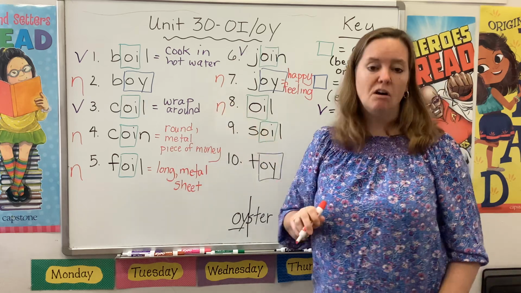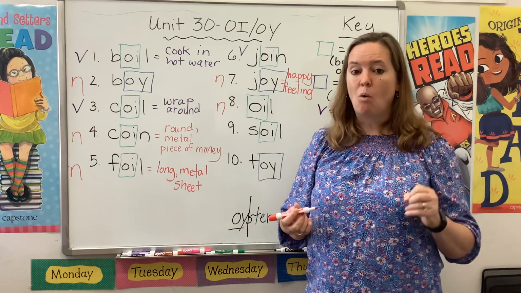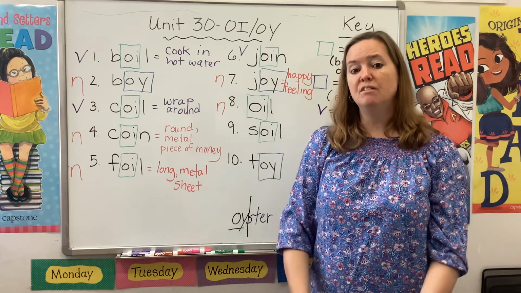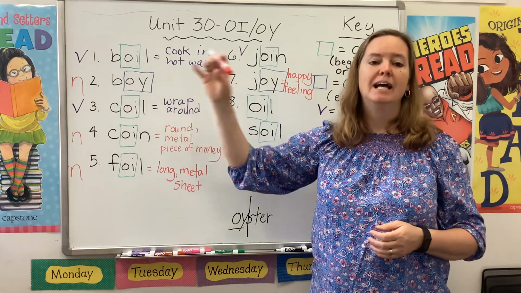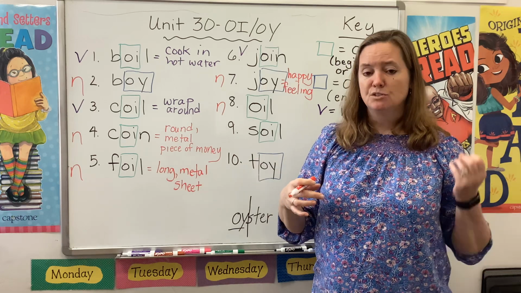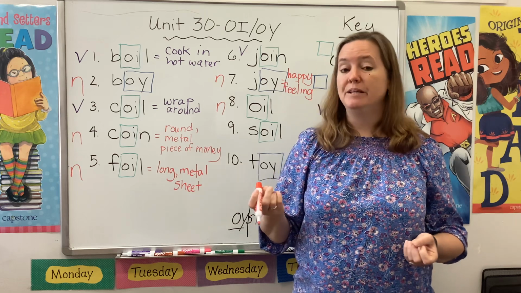Oil is also a noun. There are several kinds of oil. There is the oil that is deep, deep in the earth, and we drill for it, and we bring that oil up, and we take it to a refinery, and it gets turned into gasoline for our cars. So that's one type of oil. There's another type of oil that we use to cook.